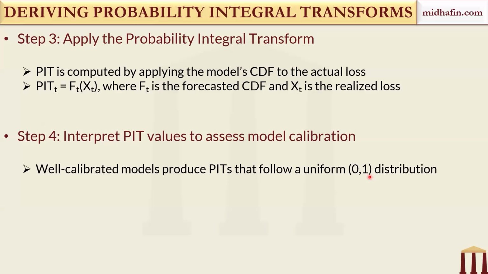Because if the actual loss distribution follows the predicted distribution closely, many values will be around 0 in the PDF, which means most of the CDF values should be clustered around 0.5.